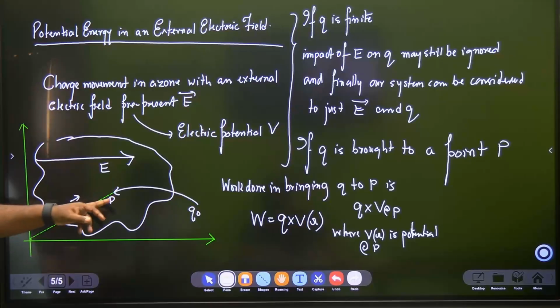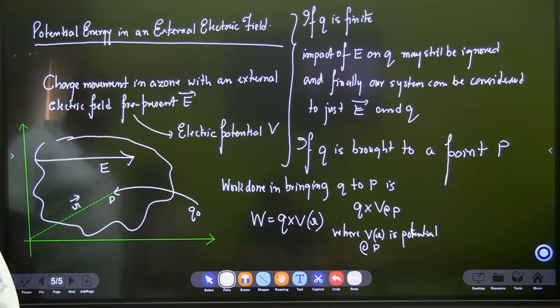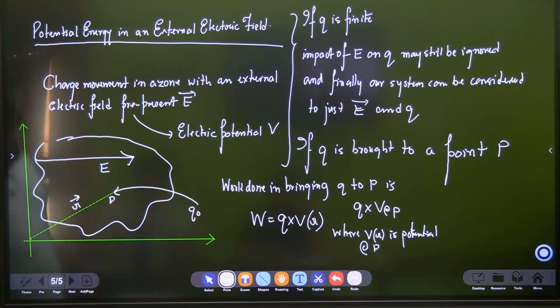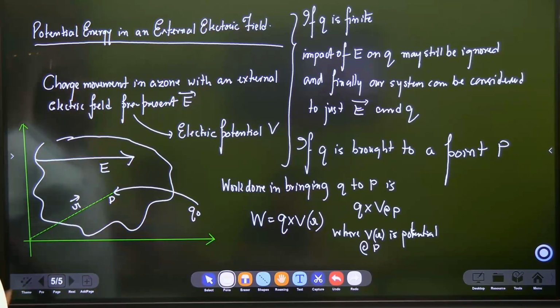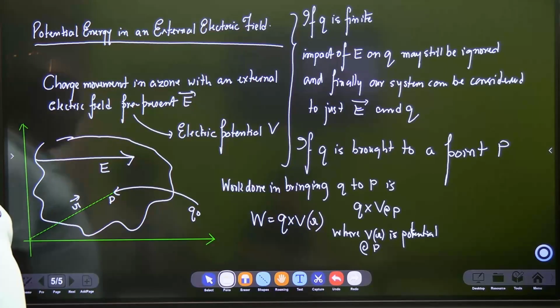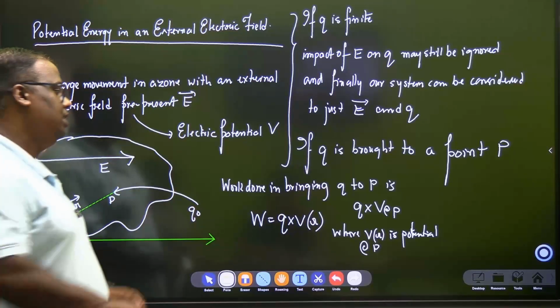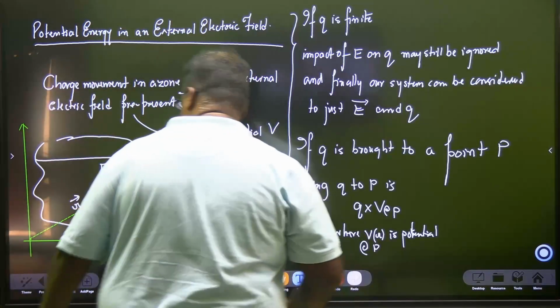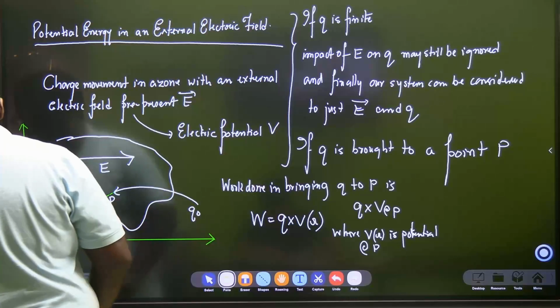V at a point r, either you can say P or you can say V at a point r. r is the position vector with respect to some origin, where you want to bring it. So nothing new you have discussed, that even if an external electric field is present there, the work done that you have to do is Q times V(r). Is this clear?